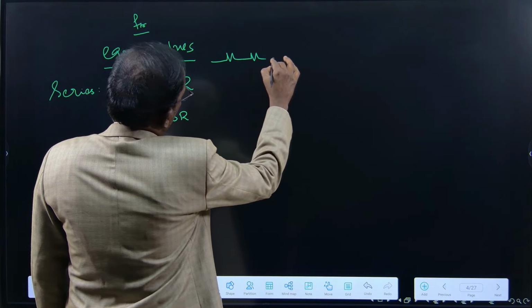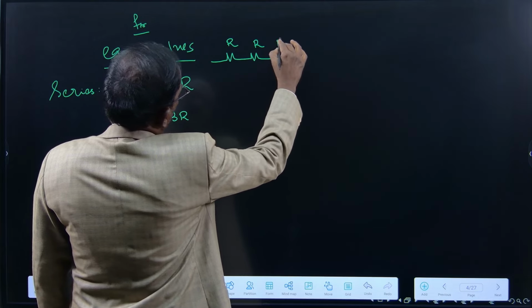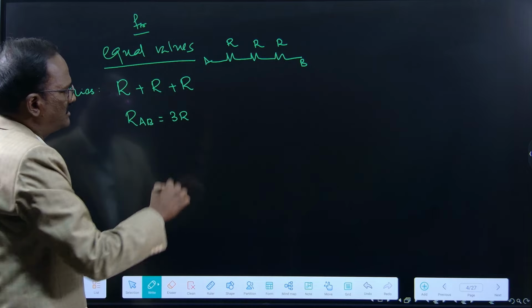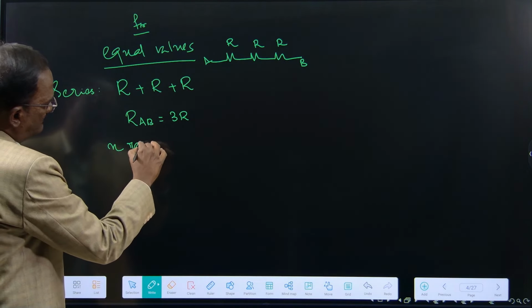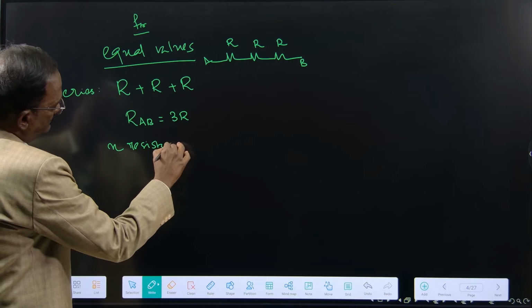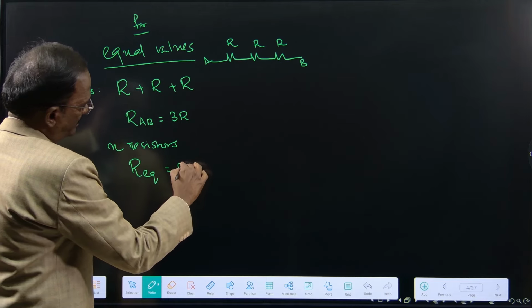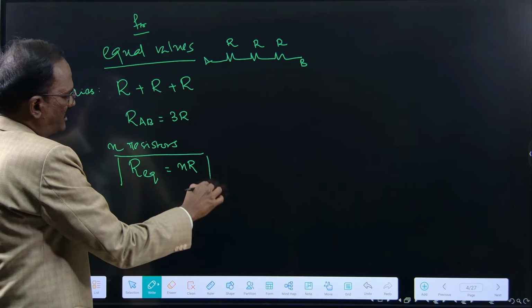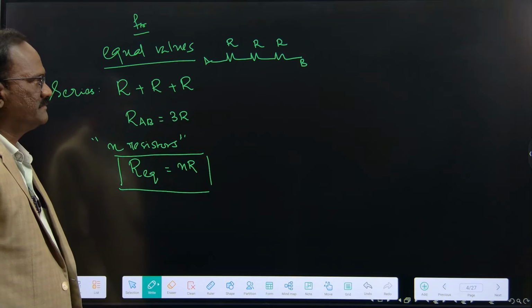Let me draw the diagram this way: R, R, R, and the two ends are A and B. So this is 3R. If there are n resistors, the equivalent resistance is n into R. If there are 3 resistors, 3 into R. If there are n resistors, then it is n into R.